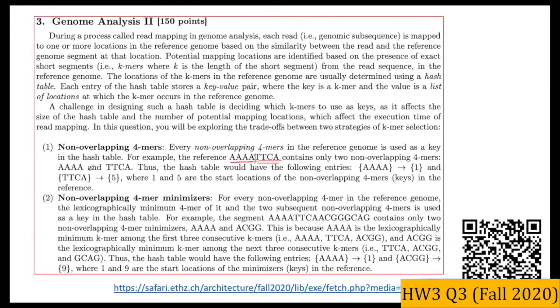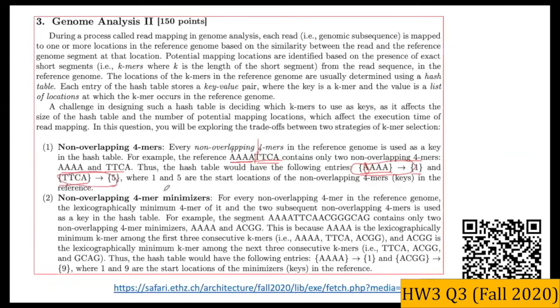The hash table would have the following entries: the first k-mer and its start location, which is index 1, assuming that we index starting from 1, not 0. And the second k-mer starts at location 5, which is this character. What we store in the hash table is this key-value pair and the other key-value pair.